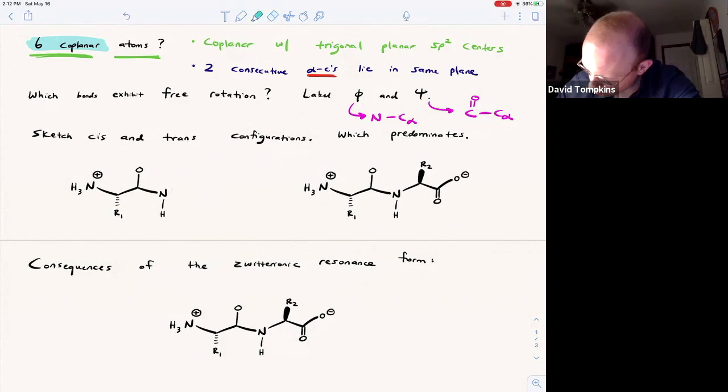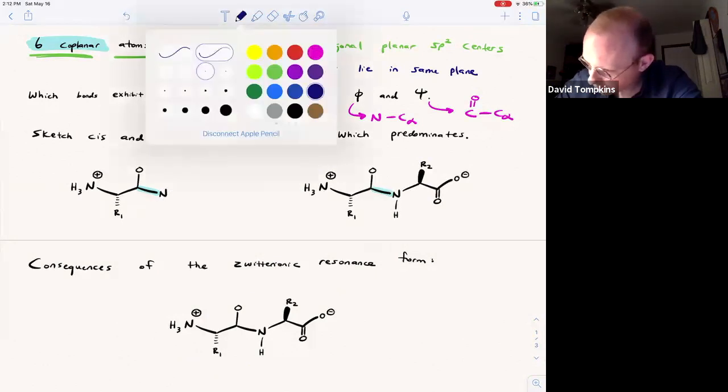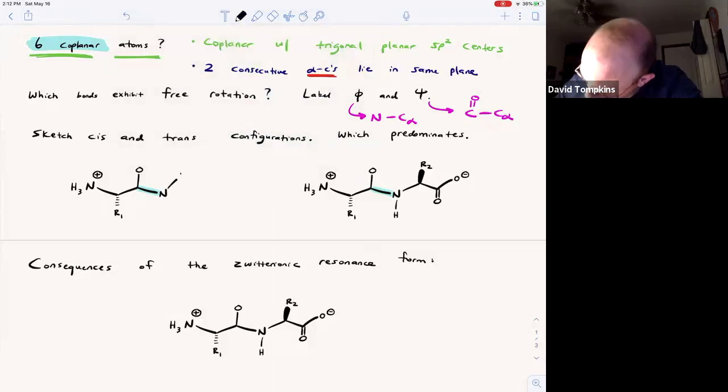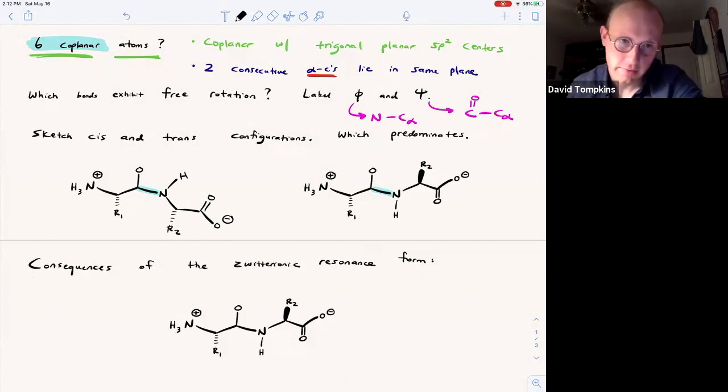And we're going to focus on the bond that cannot rotate, the rigid amide bond. So in one case, I'm going to draw the nitrogen down to the hydrogen on one side, and I'm going to flip the other alpha carbon over to place R2 down as a dash. That's the L configuration.